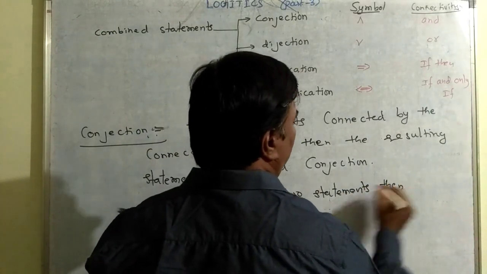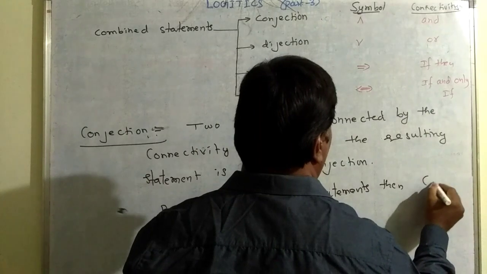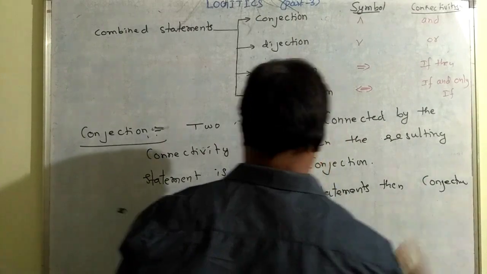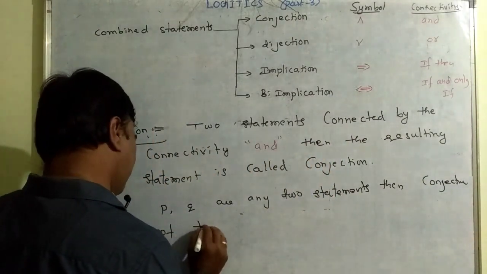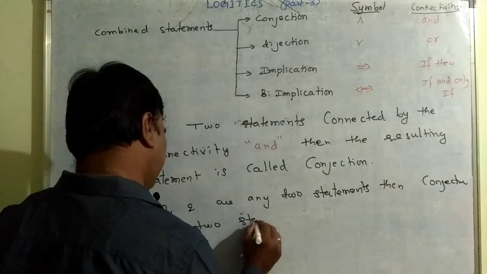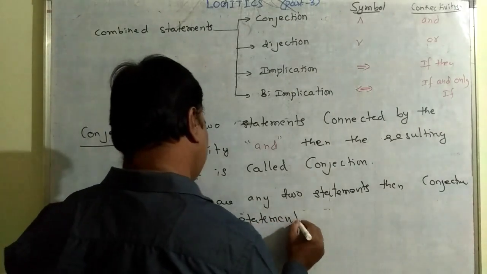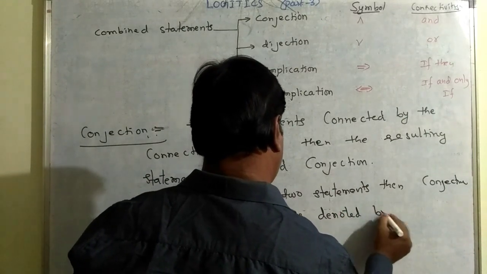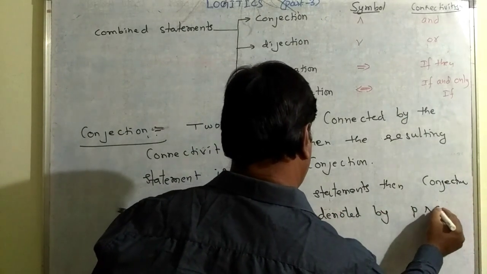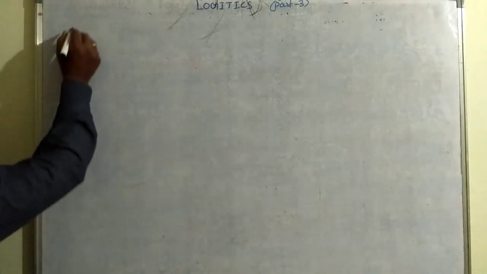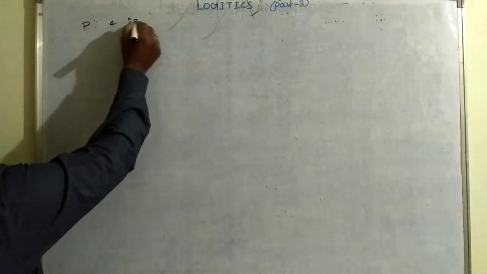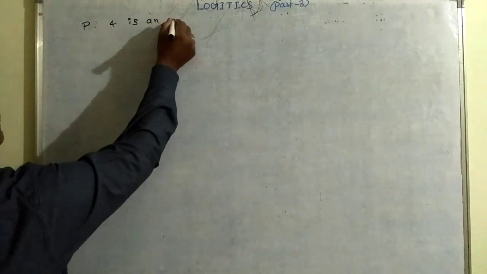Then the conjunction of two statements is denoted by P conjunction Q. Let's consider the first statement P: 4 is an even number.